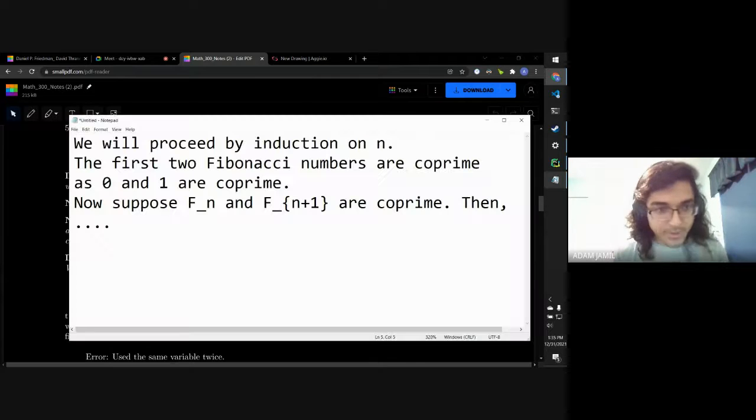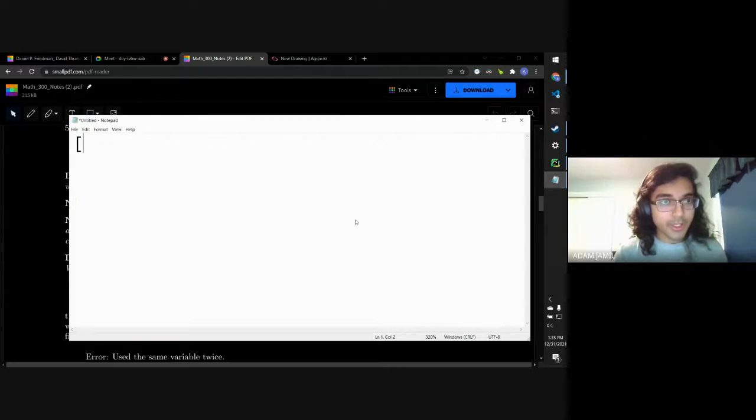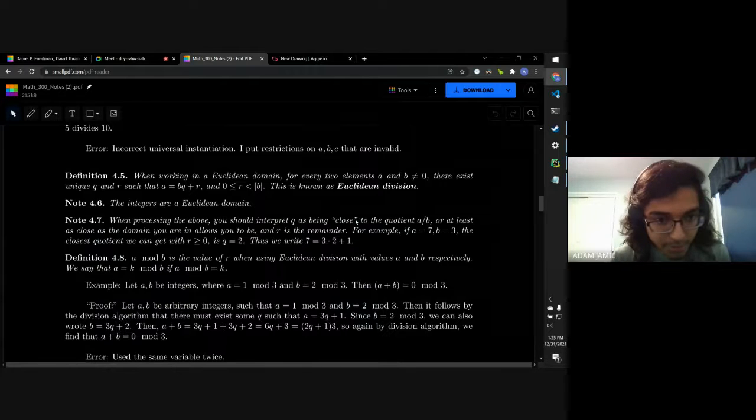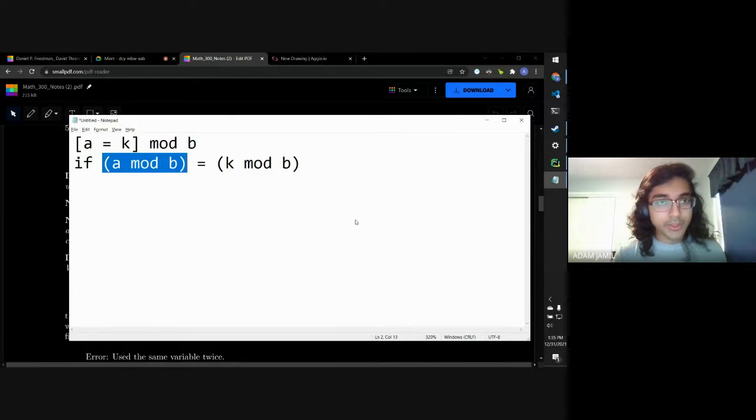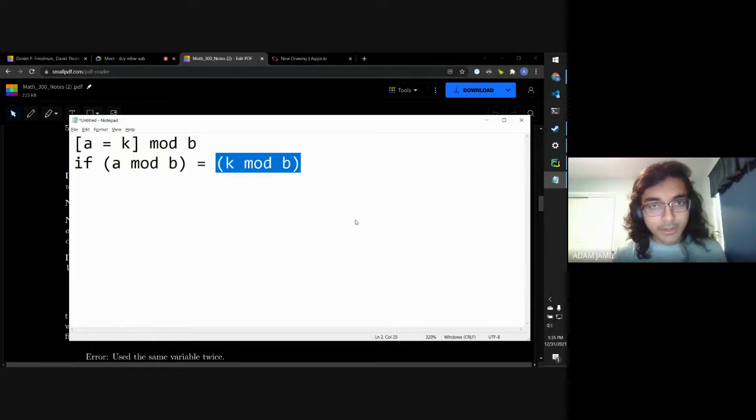So a is equal to k mod b if, what do I have here? Yes, I should have a mod b is equal to k mod b. So if I apply Euclidean division to a and b and to k and b, I should get the same thing if I want them to be equal in the modulo sense with respect to b.